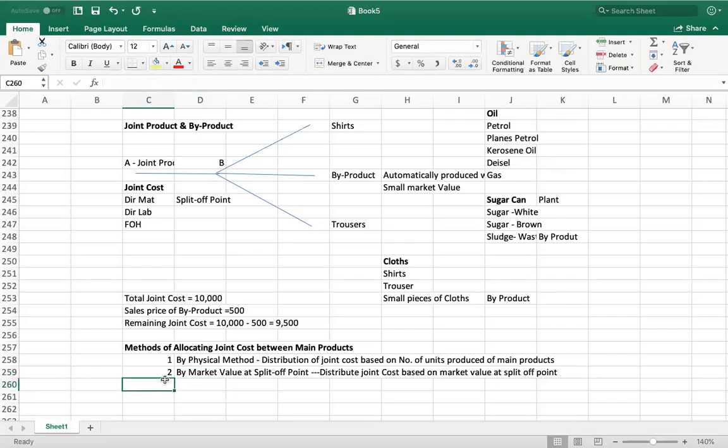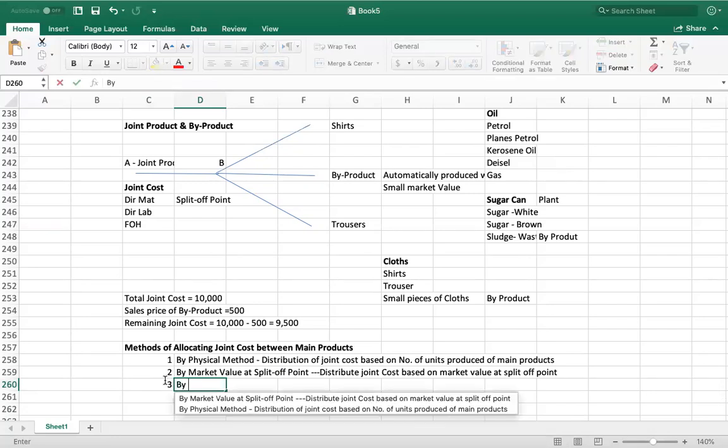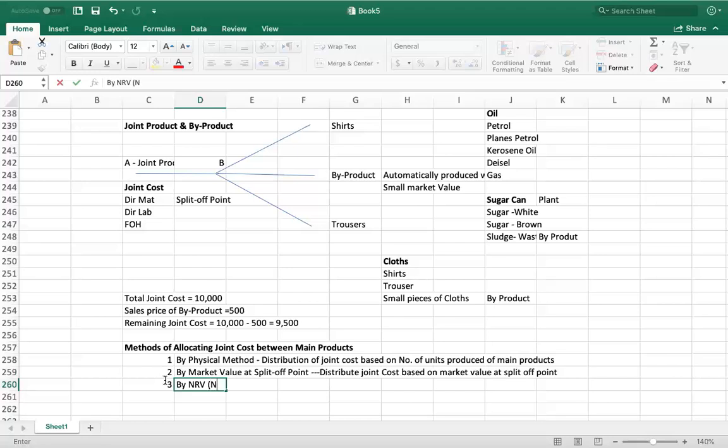The third method is by NRV. NRV means net realizable value.